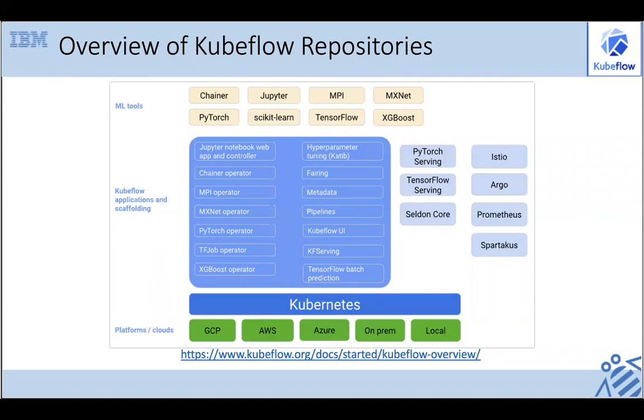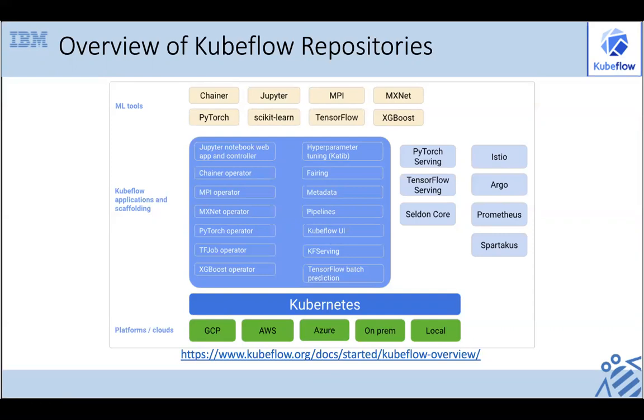So if you look at the left side of the Kubeflow application, you will see a list of operators and Jupyter Notebook. And those are all meant for doing distributed training using the Kubernetes CRD.